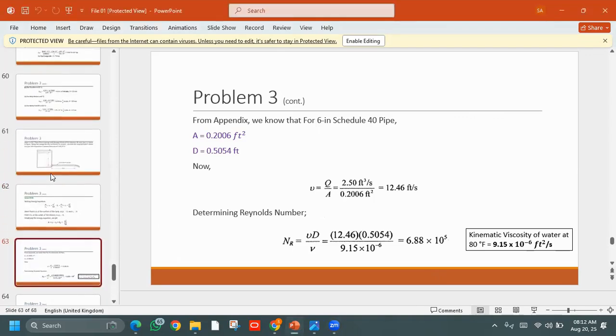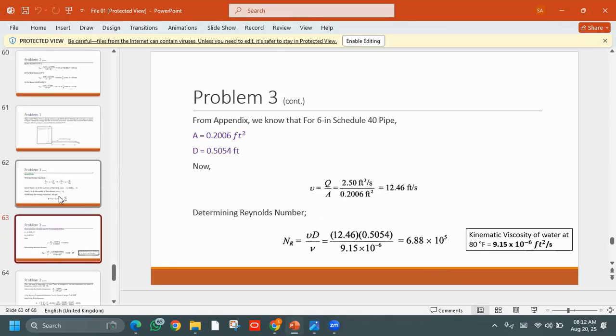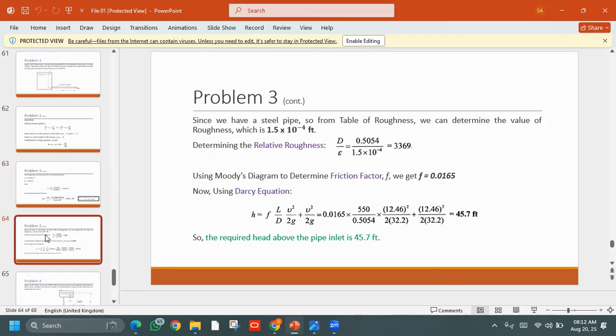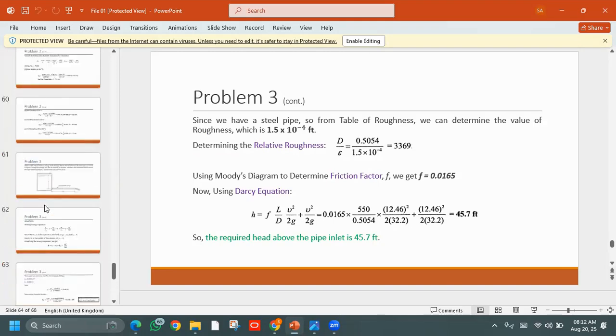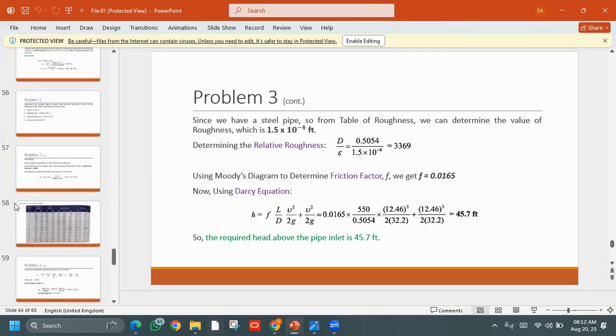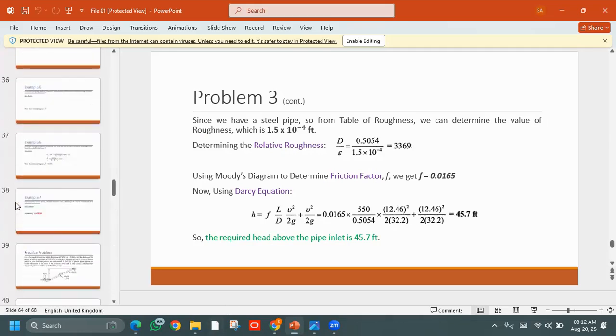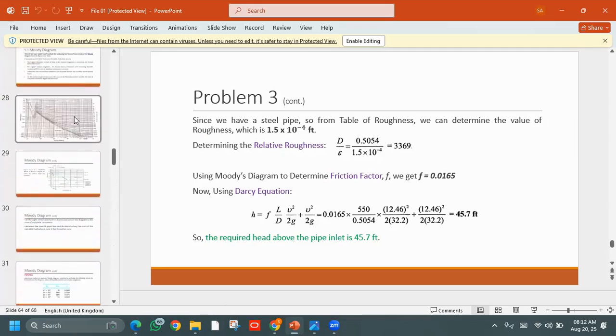So let's move towards the friction factor and Reynolds number value at the Moody diagram. 6.88 into 10 raised to the power 5 is the Reynolds number value, and the value of D over E is 3369. From the Moody chart, we can determine the value of friction factor.